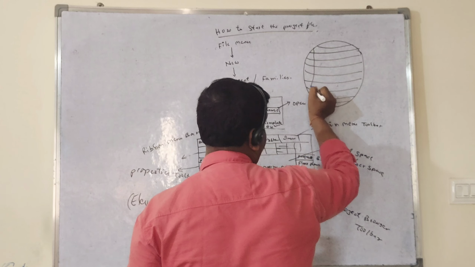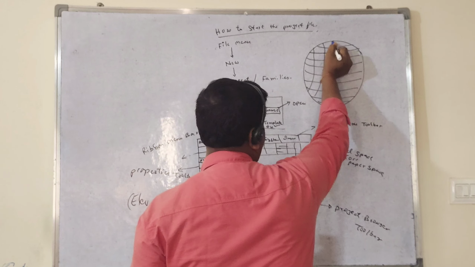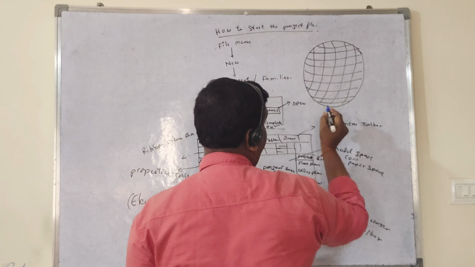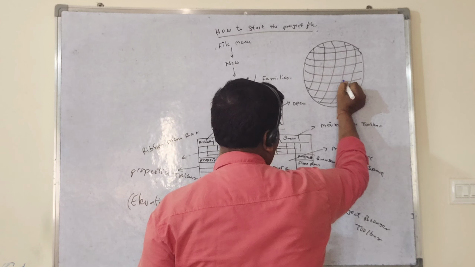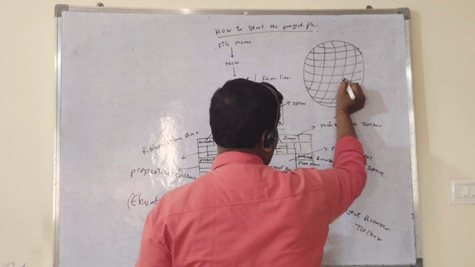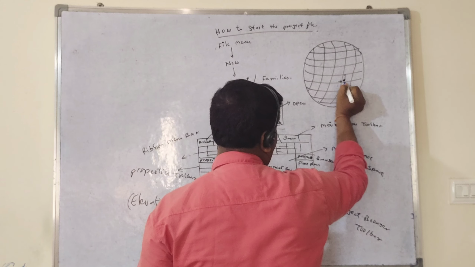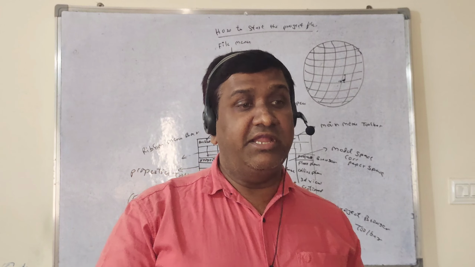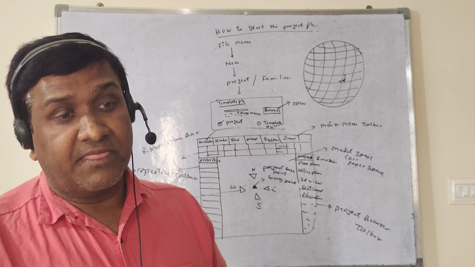And the vertical lines are longitude. So your city is somewhere here, at this point. So what is the distance from this latitude, what is the distance from this longitude? That value you have to provide here, in this project base point and survey point.